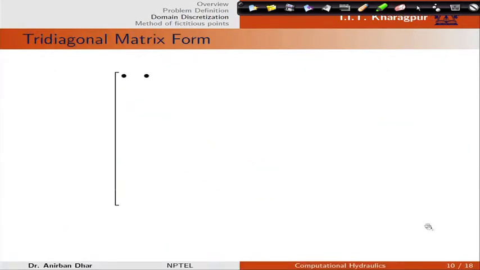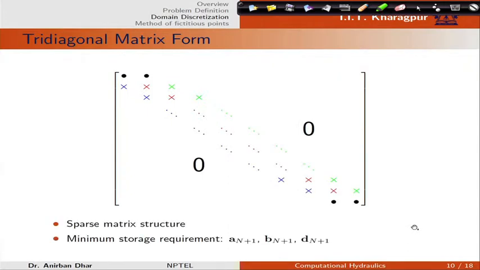So, in tridiagonal form, we have the boundary condition on top, then we have interior nodes, and at the end again we have this boundary node. So, it has got a sparse matrix structure. We have 0 values on both sides, and it has got minimum storage requirement.